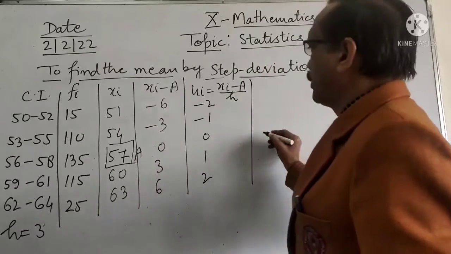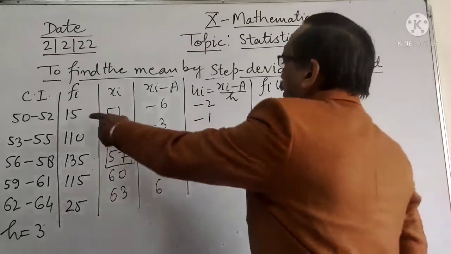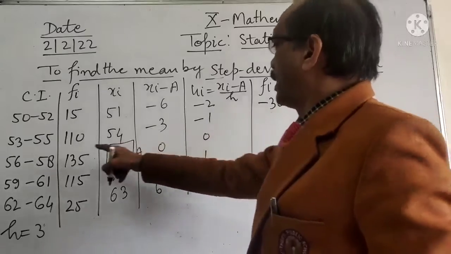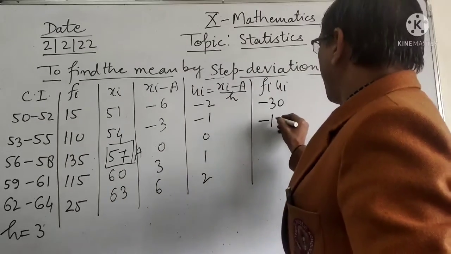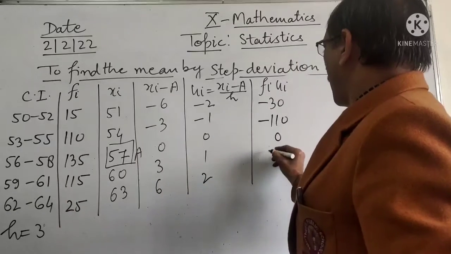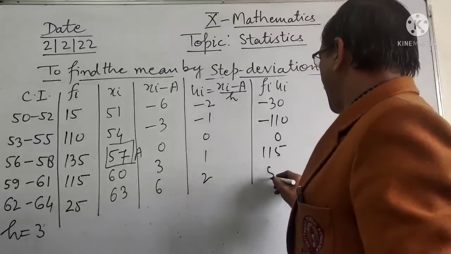Then fi ui: it is 15 times minus 2 is minus 30, then minus 110, then 0, then 115 and 25 times 2 is 50.